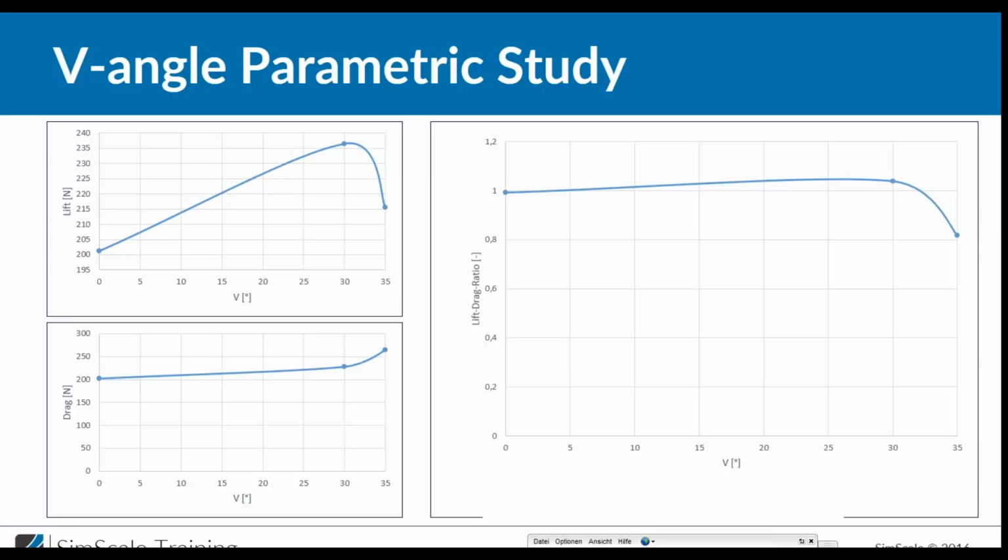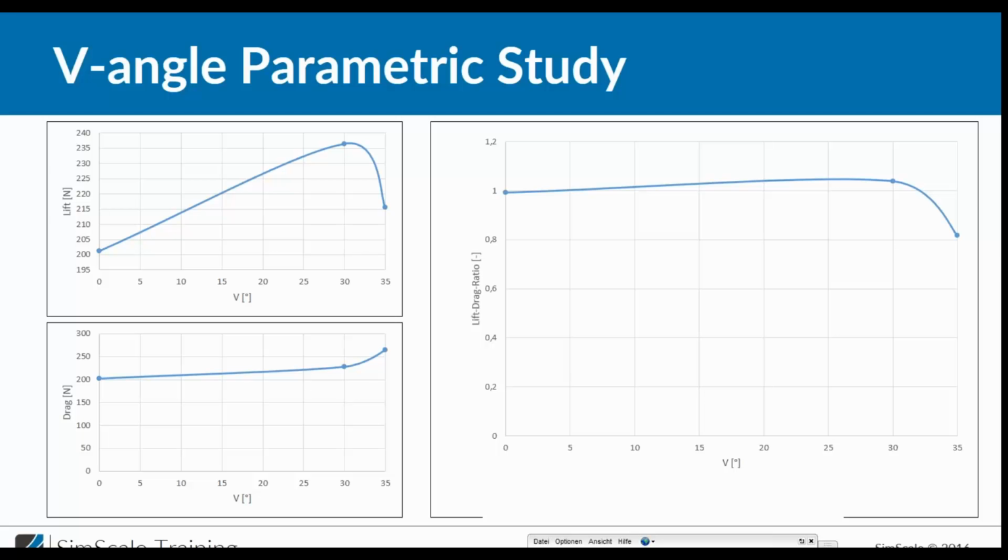So the efficiency, and also the interesting thing we can see in the efficiency plot, is that at the parallel position, zero degrees, the efficiency is equal to 1, but at 30 degrees we can see that we have increased the efficiency. This is a really interesting point that we have to stop on and talk about a little bit, because usually when you increase lift force, you will increase the drag, and if we increase the drag, this means we will reduce the efficiency.